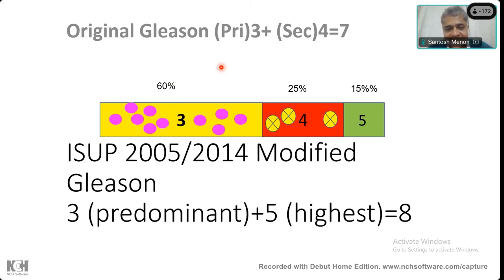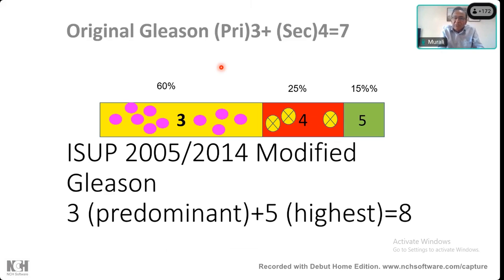Yes, Verma sir, please. Just to emphasize that this rule is only for needle biopsies, not for prostatectomies. Right? Yes. The reason we do that is because in the original Gleason grading system, Gleason didn't have any needle biopsies. His grading system was based largely on TURP specimens and a few simple prostatectomies, not radical prostatectomies.